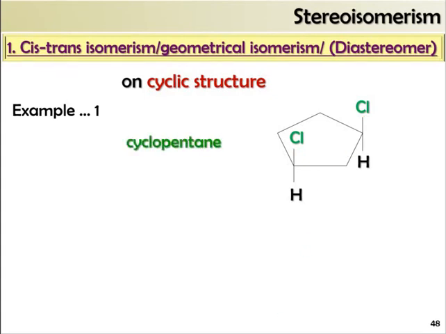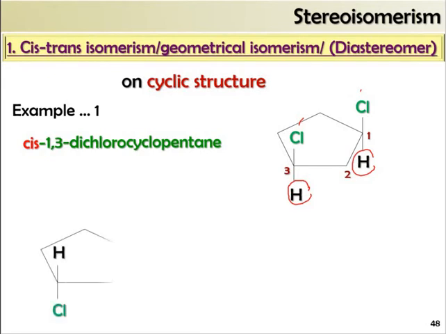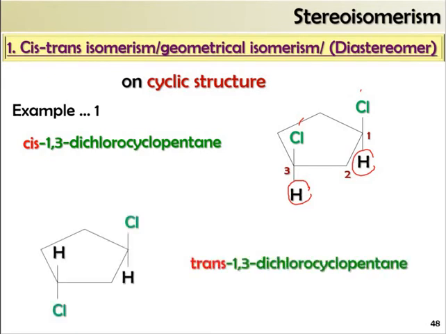Kalau nak namakan, it is 1,3-dichlorocyclopentane. But then kita tengok the hydrogens here, bersebelahan, ataupun kita boleh tengok Cl bersebelahan, that means it is the cis isomer, or cis-1,3-dichlorocyclopentane. If the hydrogen or the Cl are on opposite sides, it is the trans isomer.